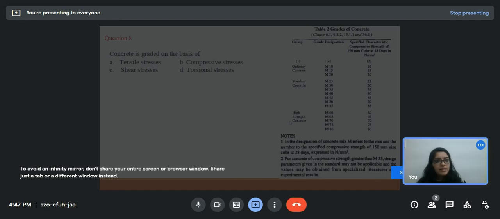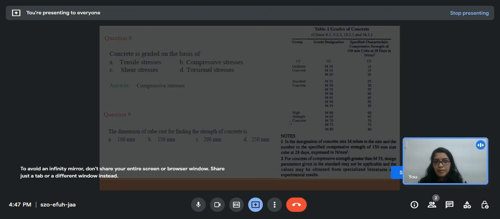It is given based on the specified characteristic compressive strength of 150 mm cube at 28 days in Newton per mm square. So the grade designation of concrete is given based on its compressive stress. So concrete is graded based on compressive stress.